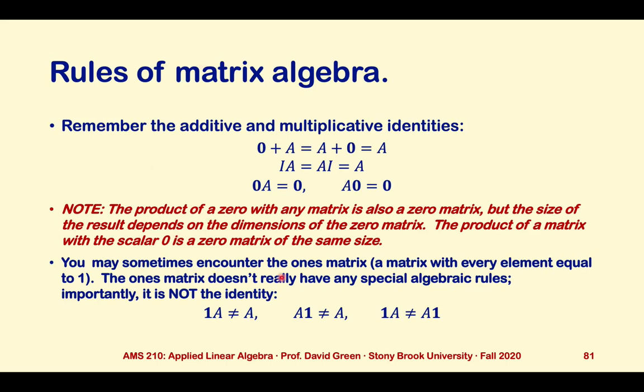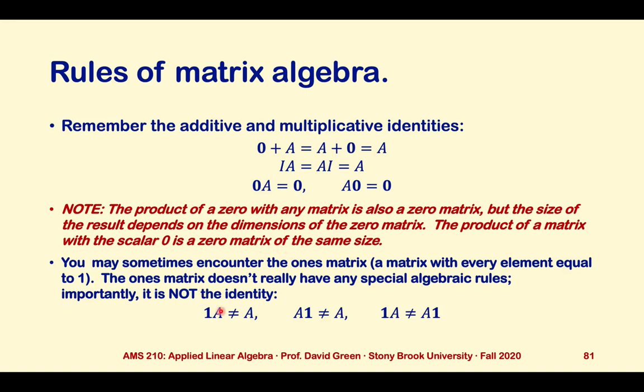You may sometimes encounter a ones matrix, a matrix defined similarly to the zeros matrix, but having ones everywhere. There are plenty of uses for a ones matrix in terms of expressing certain kinds of relationships. The ones matrix does not really have any special algebraic rules. It is not the identity.